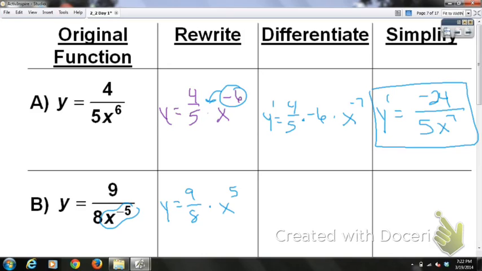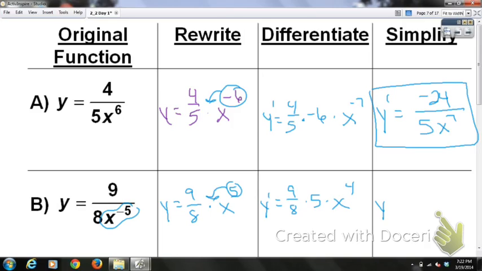Now we're going to differentiate. Take the 5, multiply it out front, so y prime is equal to 9/8 times 5 times x to the 5 minus 1, which is the 4th power. Clean it up. 9/8 times 5 is going to give us 45/8, and we have an x to the 4th.